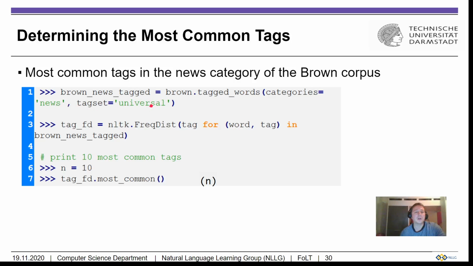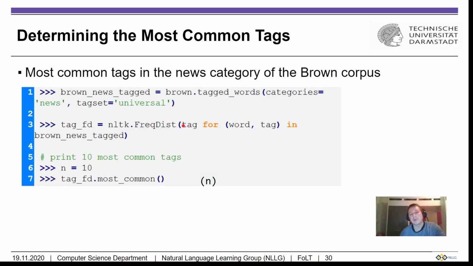Subcorpus, we're going to use the universal tag set, and then we make a frequency distribution for our tag corpus. We go over all word-tag pairs in our list of pairs, take the tag out of each, and make a frequency distribution.